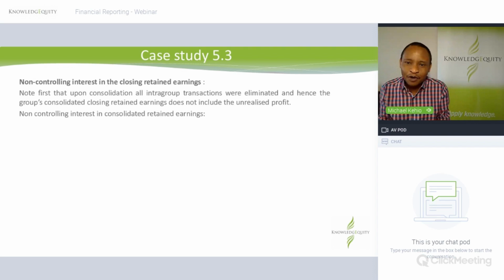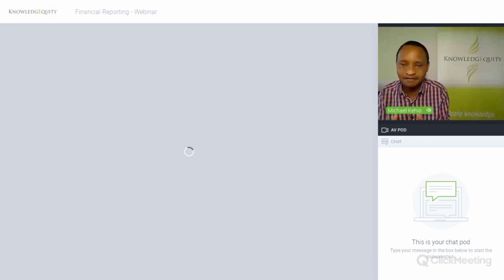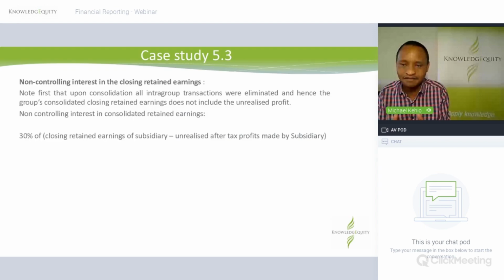So there are two ways to calculate the non-controlling interest in the consolidated retained earnings. How would you go about that? Simple. You take the closing retained earnings before any adjustments, but then you remember that you need to adjust the unrealized profit. Remember the inventory, but also remember the tax effect.